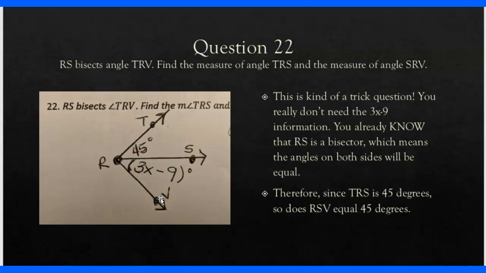Well, this was a little bit of a trick question. You really don't need to know this part here, the 3x minus 9. We've already been given measures. The measure of TRS is 45. We know this is a bisector, so this is 45 too. So both of these are 45 degrees. You really didn't need to spend a whole lot of time on this. You should have just been able to look at it and know that 45 degrees was the answer for both.